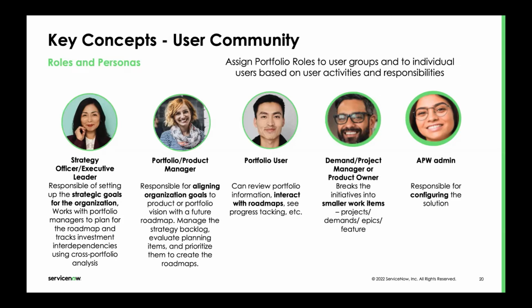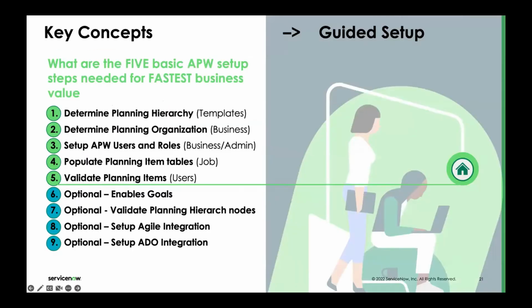So we support the executive alignment to roadmap and business strategy. We support the product owner alignment to organization goals. We support project owners and project managers who work on the work items. And of course, there's an admin function, so you can do setup and management of the application. So there's a whole set of roles, and there's a set of roles and groups that come with this as part of setup.